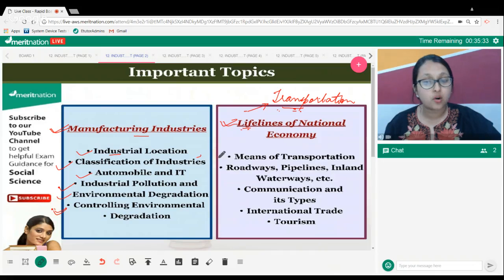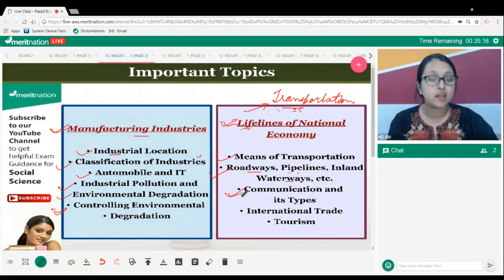We will be studying the means of transportation, that are your roadways, pipelines, waterways, then your airways. Then communication and its types, because transportation as well as communication both are the lifelines of national economy. With the help of both of them, trade will improve and get better, and hence the economy will increase. Then we come to international trade and tourism.